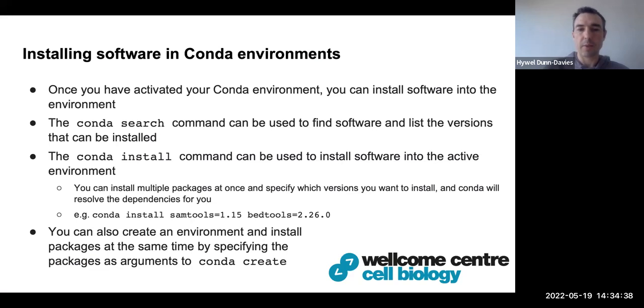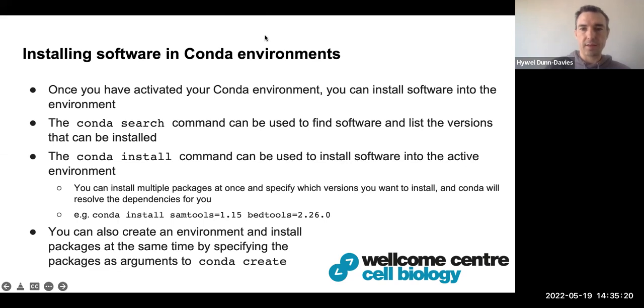So rather than creating a blank environment and doing conda install to install some tools in it, you can just do conda create, use --name to give the environment a name, and then you can give a list of tools, just as though you're using conda install, and it will create the environment and install the tools in it at the same time. Because conda works atomically, if it can't install the tools, then it won't create the environment. The whole transaction will fail. That can be useful too, because that's a bit less cleanup you have to do if it doesn't work.